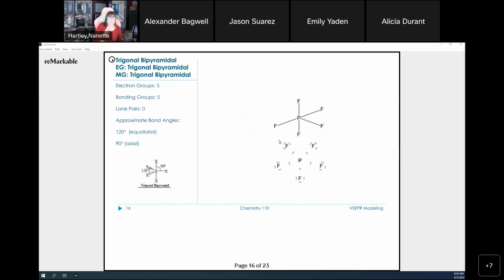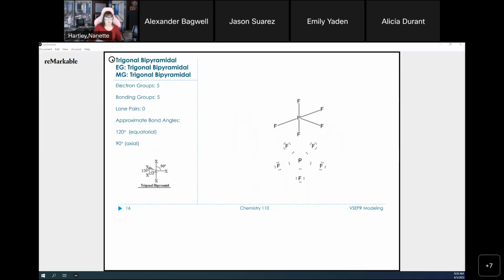The next one we're going to talk about is 5 groups. So when we talk about 5 groups, that's going to be an electron pair geometry of trigonal bipyramidal. So in the plane, we have 3 of them, 1 up and 1 down. That's trigonal bipyramidal, and it's bipyramidal because it's up and down. So 5 of them, all of them being bonding. PF5 is one of these. Okay.